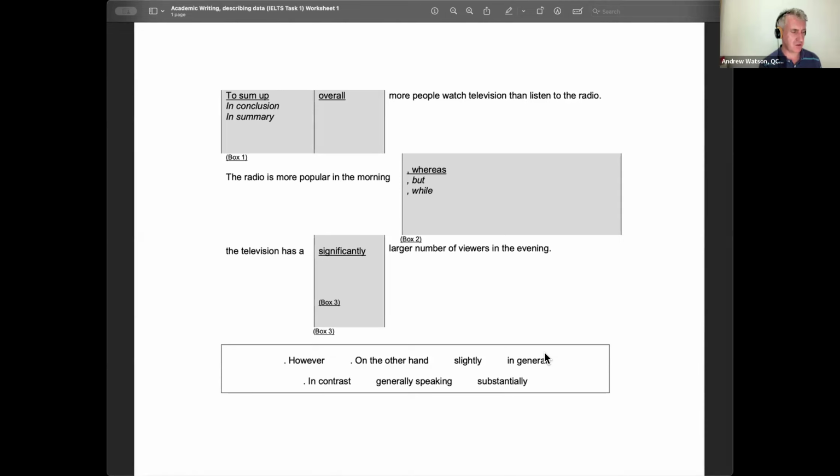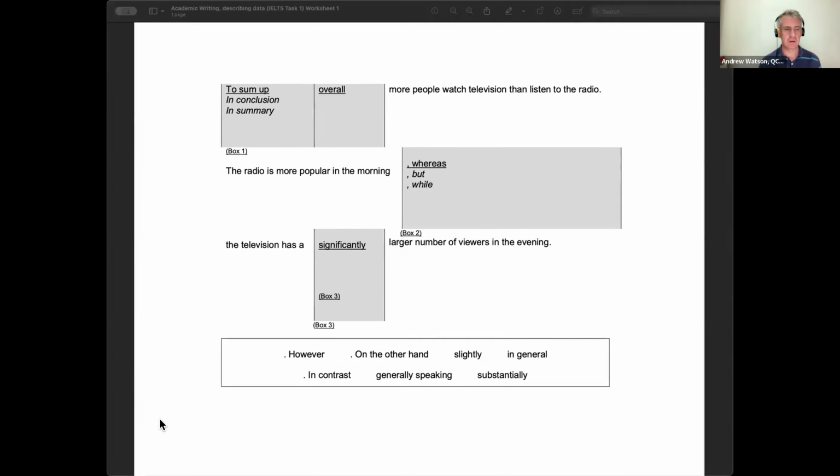There are other ways that you could say audiences, right? You could say viewers, listeners if it's radio, yeah? Now, have a look at this next worksheet.